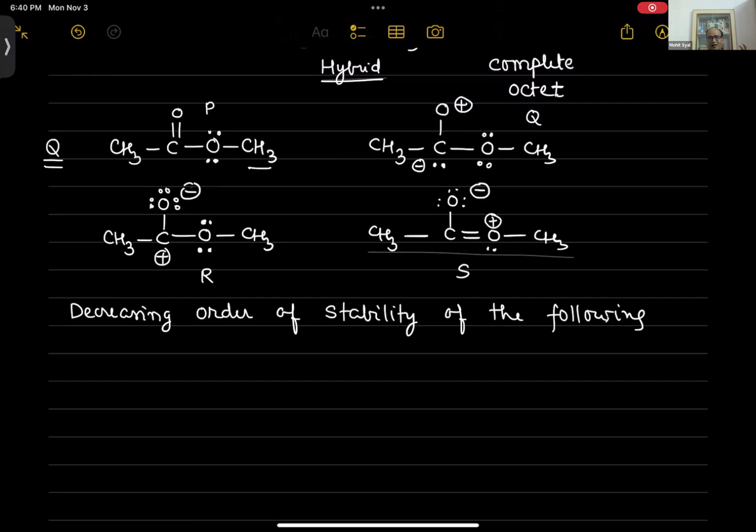Some structures are written in an absolutely incorrect way, so you will not consider them, like the third and fourth resonance structures. We need to discuss that, right? So by looking at the charges and by looking at the octet of each individual atom, we need to compare the stability of the given resonance structures. Got it? Yes.